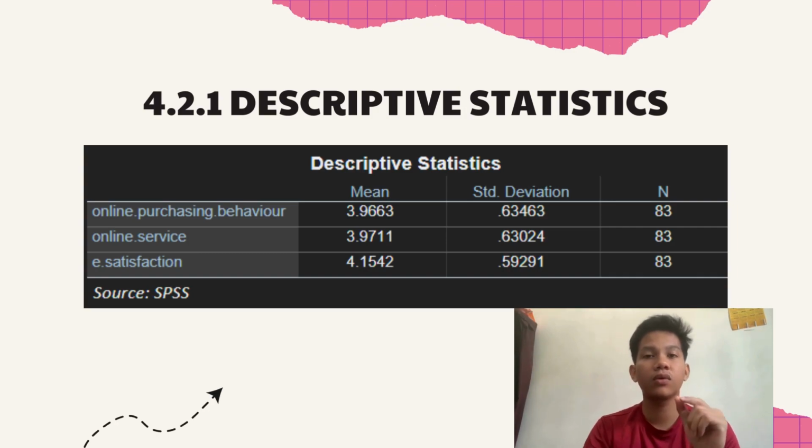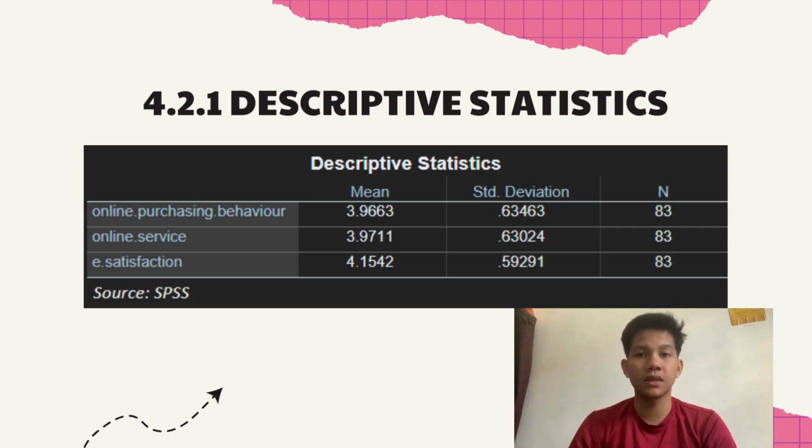The N value in the table indicates the total sample size for this study, comprising 83 respondents exclusively from USIM. It is important to note that this analysis is tailored to the context of USIM students, rather than encompassing the broader population of national students.